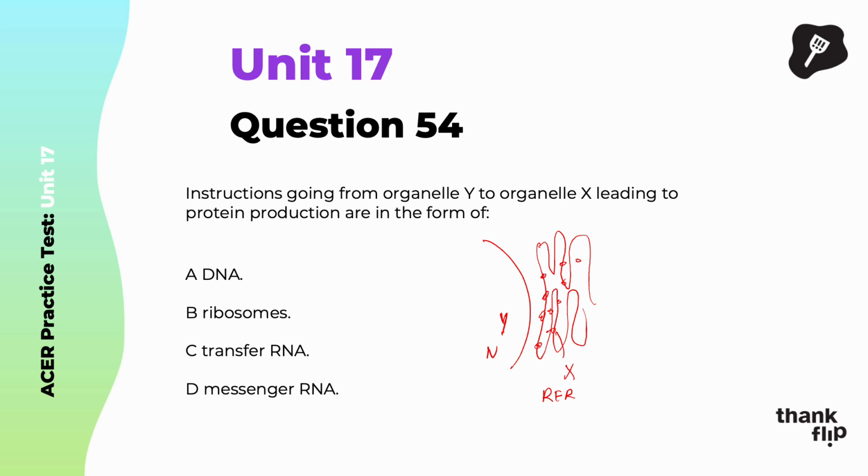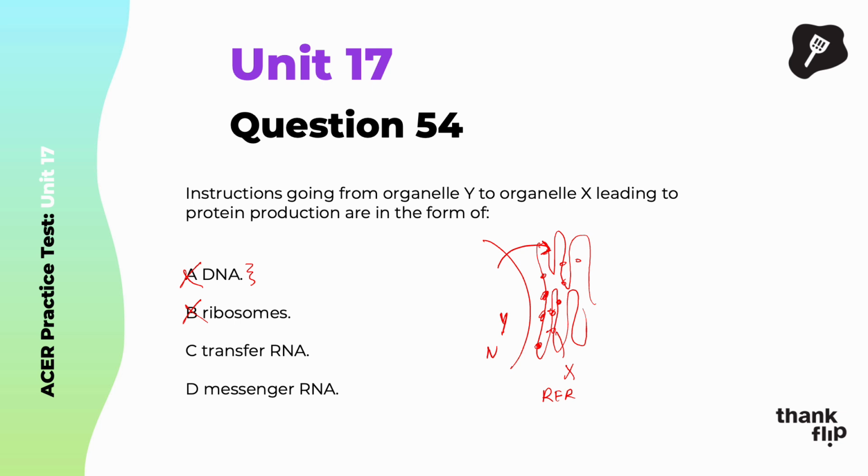So the instructions that go from organelle Y to organelle X for protein production, it's not going to be DNA because DNA doesn't leave the nucleus. It needs to be protected inside the nucleus, so that's incorrect. It's not ribosomes because ribosomes don't actually go from the nucleus to the rough endoplasmic reticulum. They are present on the rough endoplasmic reticulum and they do help with protein production, but they're not a set of instructions, so this is incorrect.